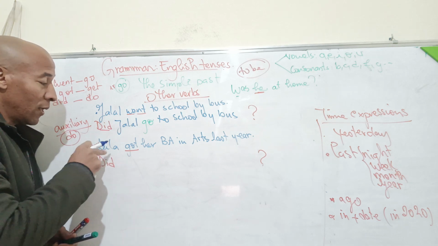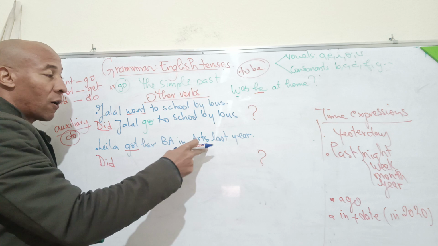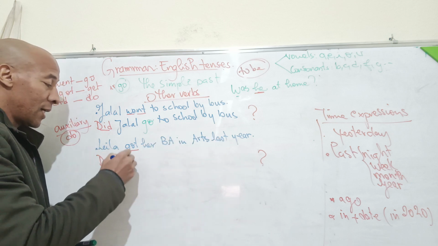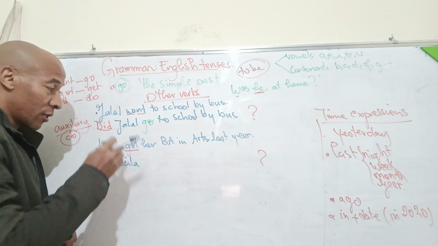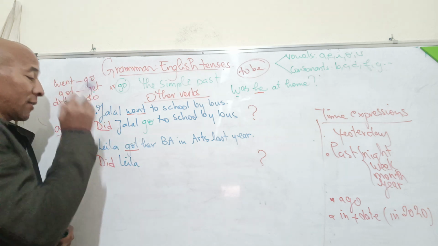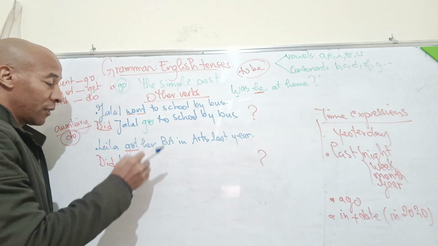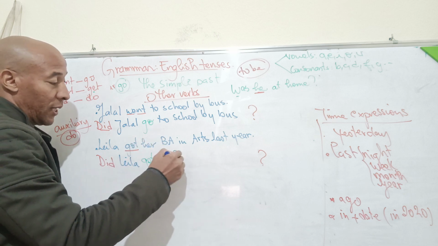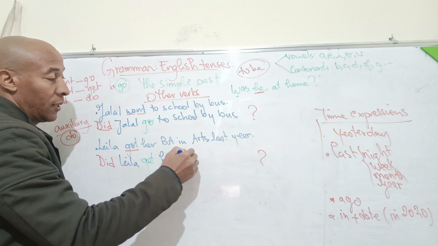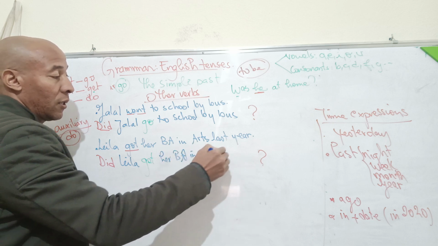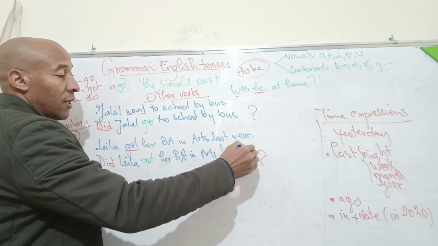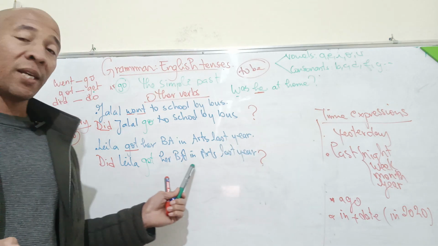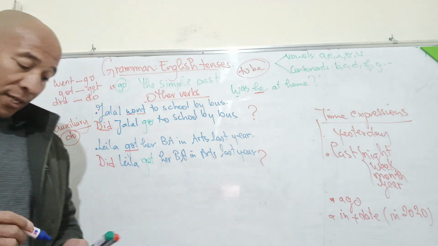The second example, Leila got her BA in arts last year. So did, nice, Leila not go, but simple or infinitive, get, and then her BA in arts last year. So did Leila get her BA in arts last year?